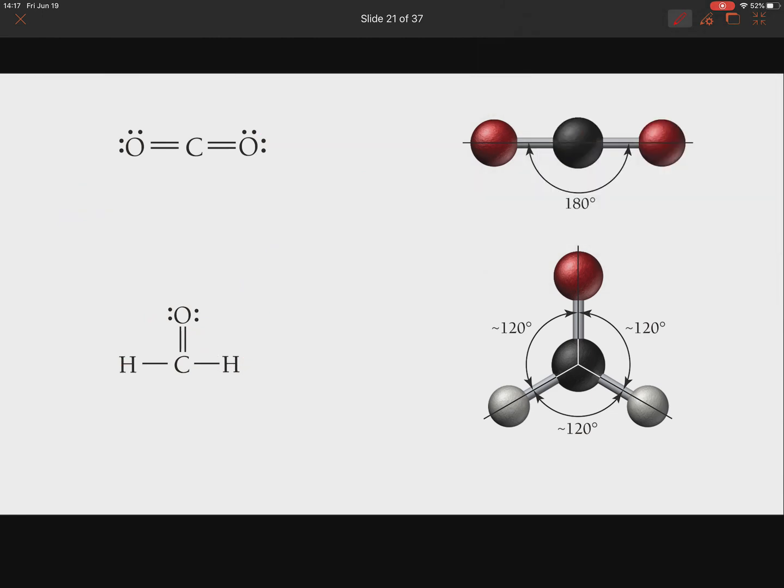So there's only one kind of linear, regardless of if you have one of your groups being a lone pair. Right? 1 bonding pair, 1 lone pair versus 2 bonding pair. You're both still called linear. But in trigonal planar, sometimes you have this situation.